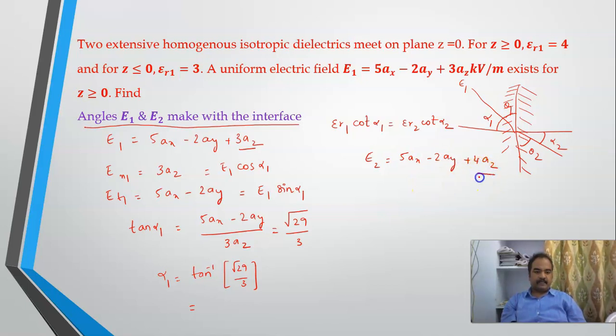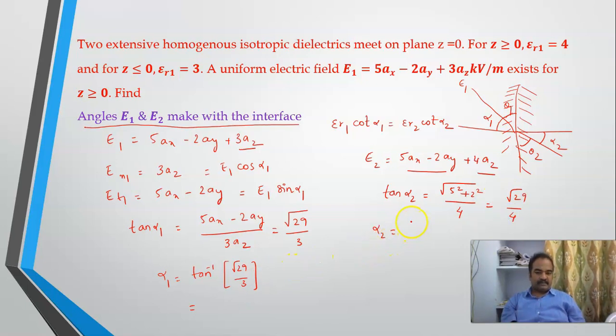Here this is the normal component and this is the tangential component. So again, if I want tan alpha 2, this is the square root of 5 square plus 2 square by, here I will get 4, right? So this is root 29 by 4. So from here I will get the alpha 2 value.